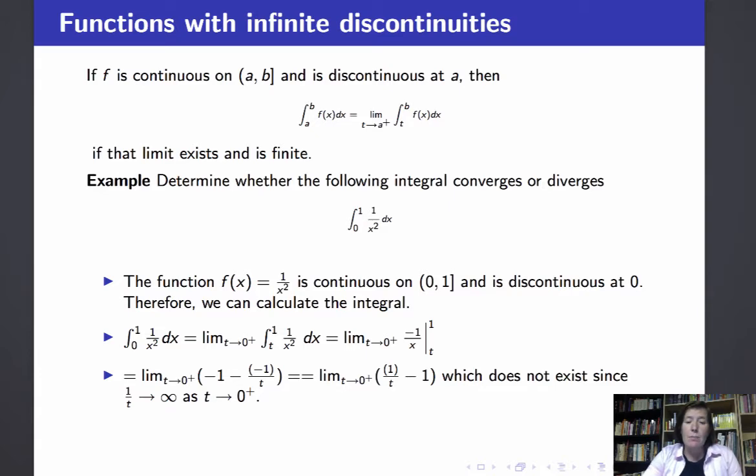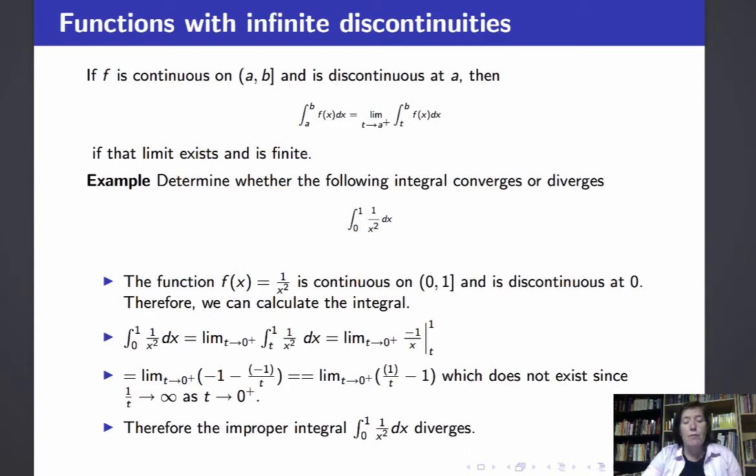And as t approaches 0, 1 over t approaches infinity, and this entire limit approaches infinity as t approaches 0 from the right. So therefore our improper integral, the integral from 0 to 1 of 1 over x squared dx, diverges.